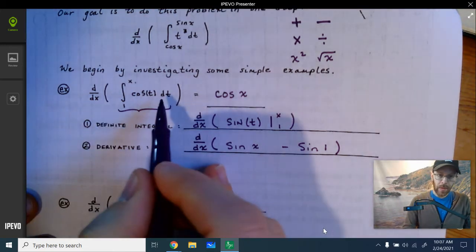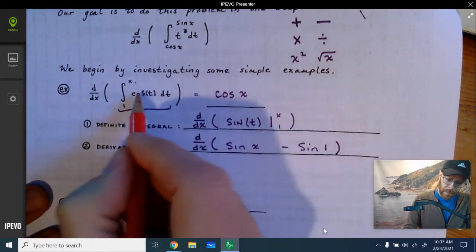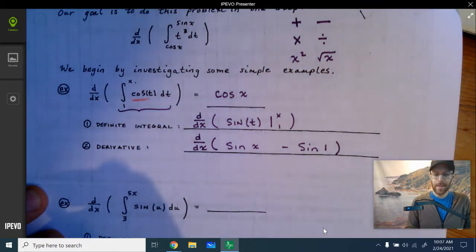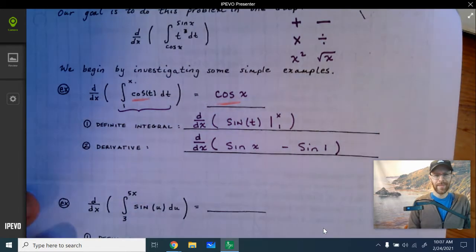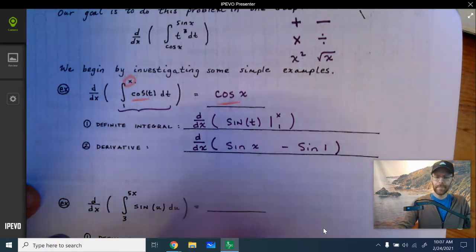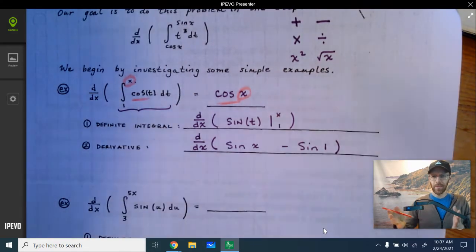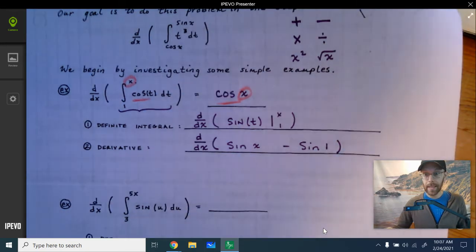So this just gives us cosine of x. Interesting, right? I think I might see a pattern.